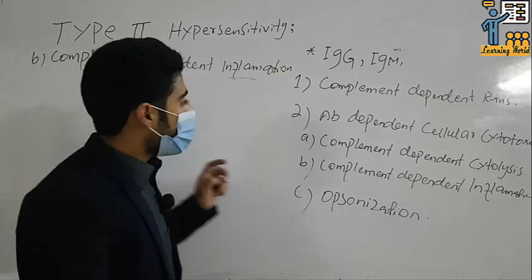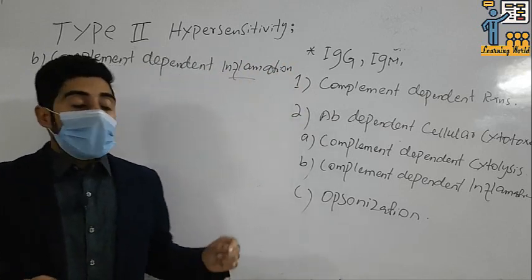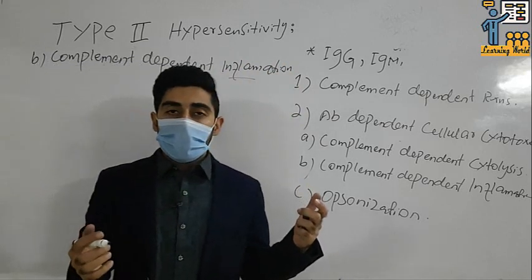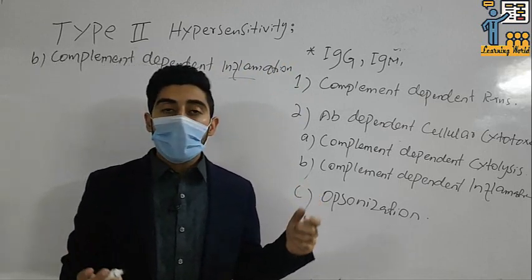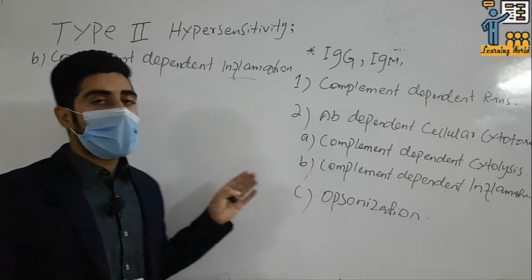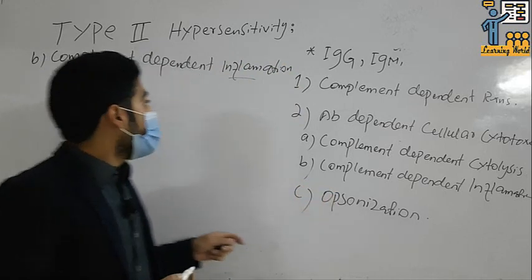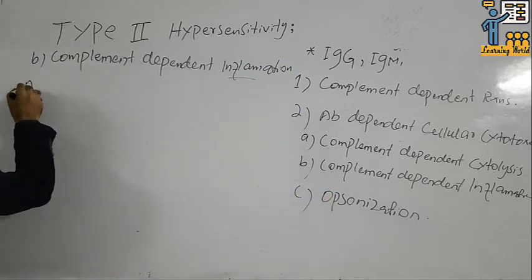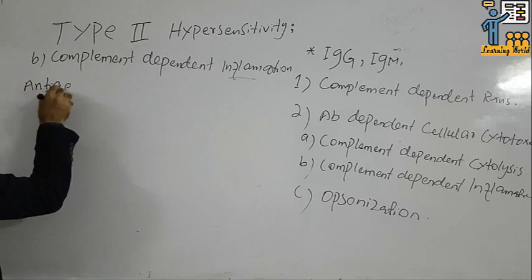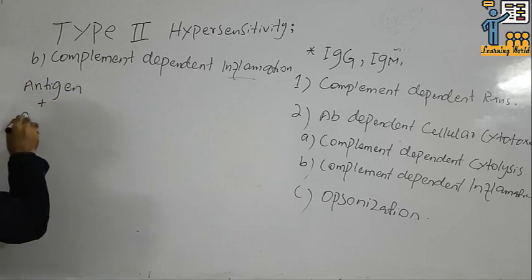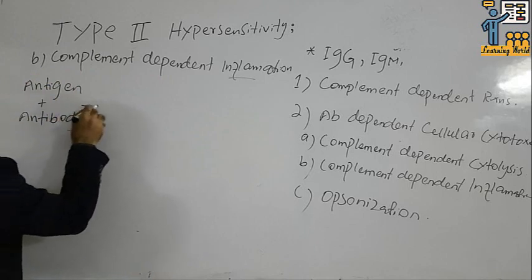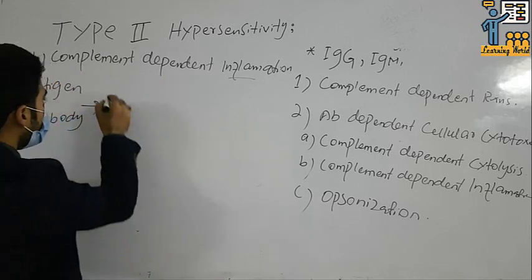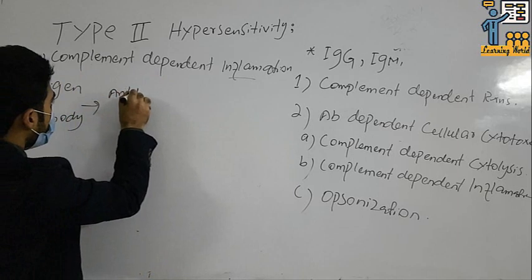With the help of inflammation, the pathogen will enter towards the host cell. With the help of inflammation, this type of infected cell will be killed. So when the antigen enters the host cell, for example, this is the antigen, and antibodies will attack this antigen and form the antigen antibody complex.